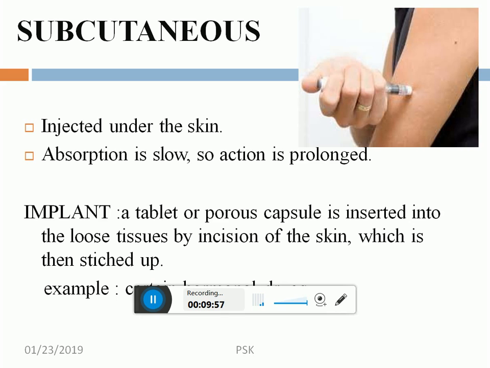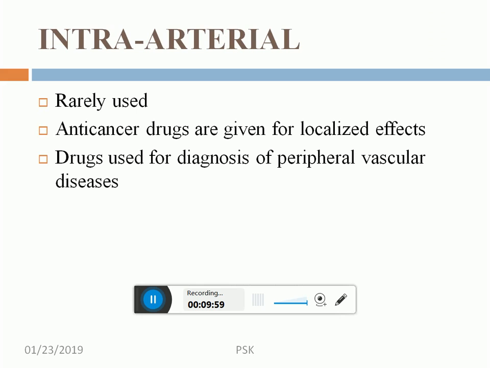Then intraarterial, which is rapidly acting. Anti-cancer drugs are given for a localized effect, and drugs are used in diagnosis of peripheral vascular diseases. So you can use it for cancer drugs via the intraarterial method.